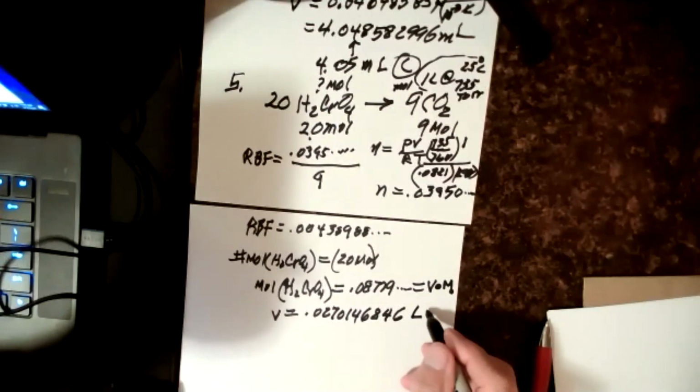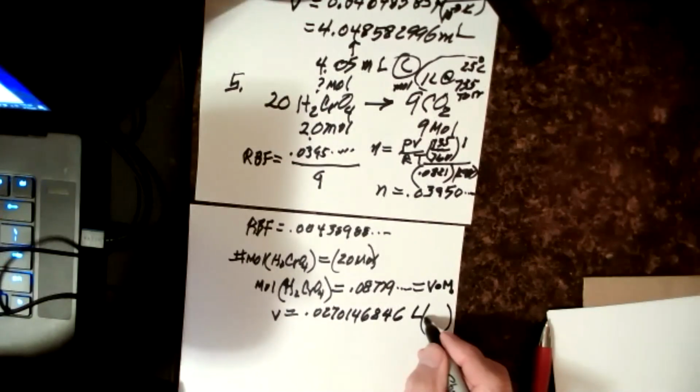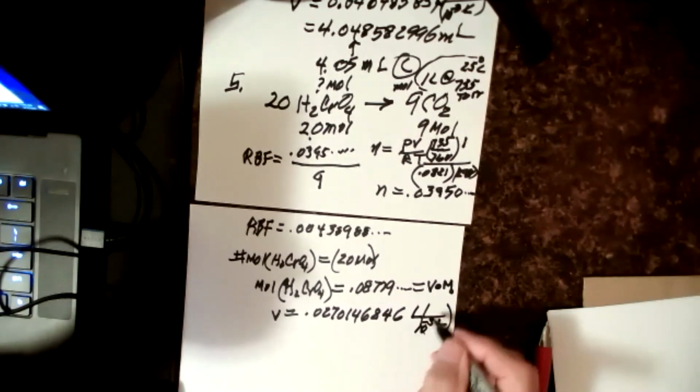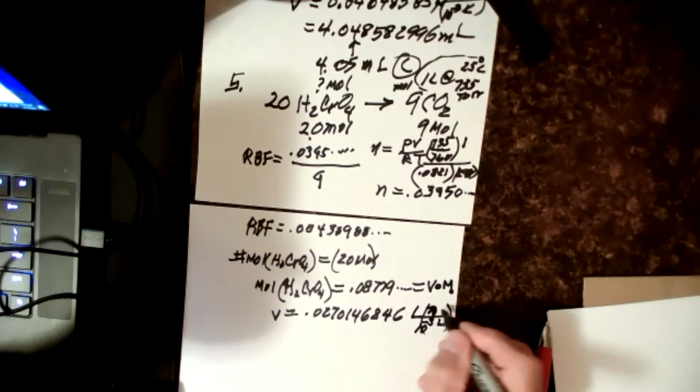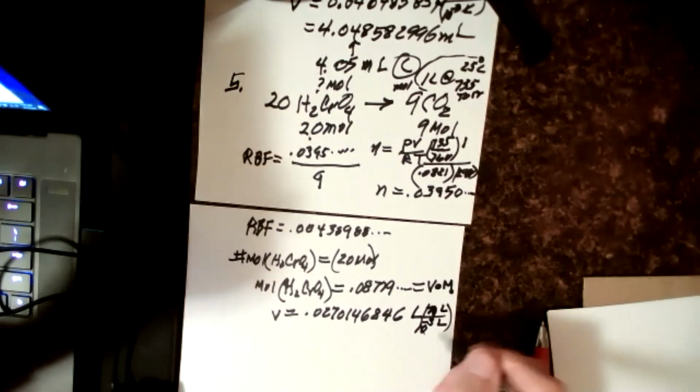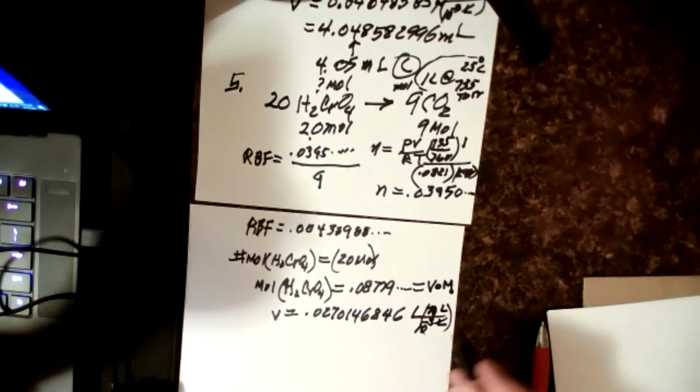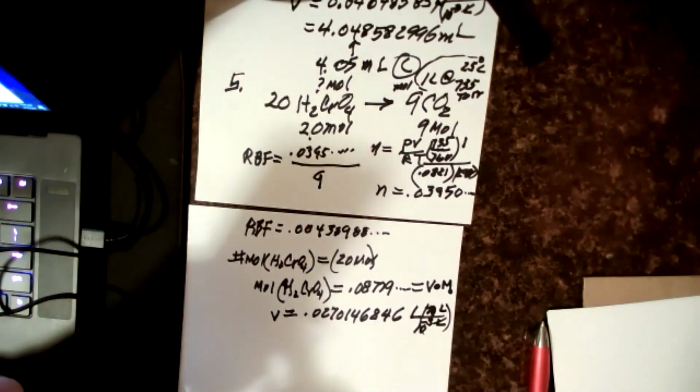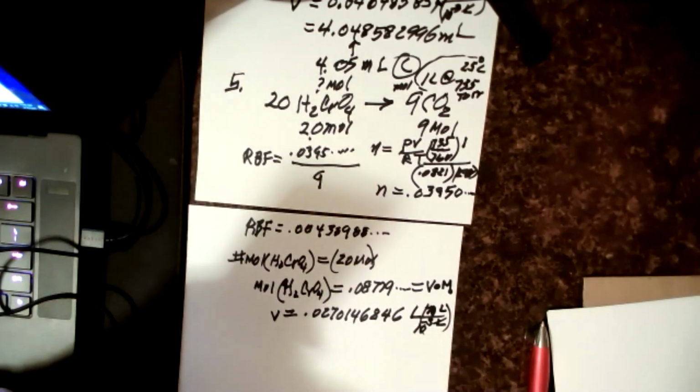I have to convert that to milliliters because the answer is given in milliliters. That's liters. I need a 10 to the minus 3 down here to be the milliliters up there. So I need to divide that by 10 to the minus 3. So I divide by 1 with an exponent of minus 3.